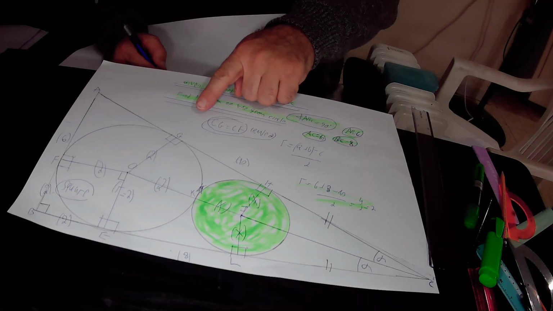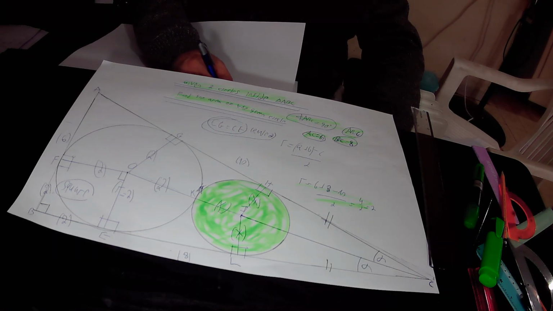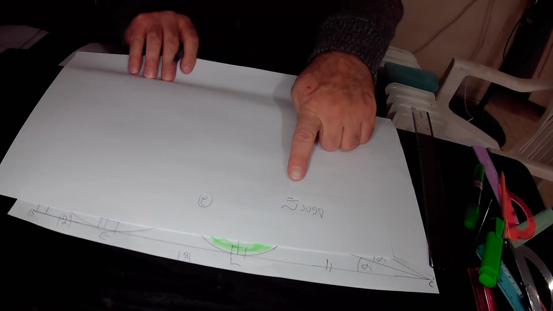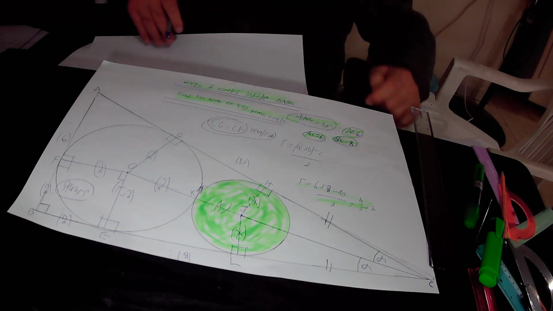This is the big triangle GOC, and it is congruent to this lower right triangle OEC.